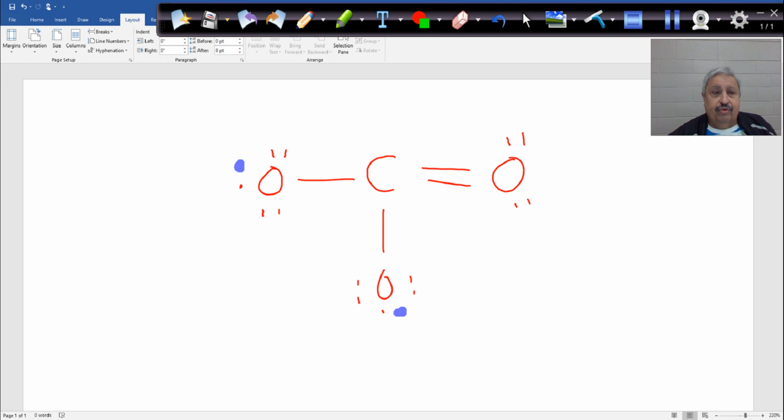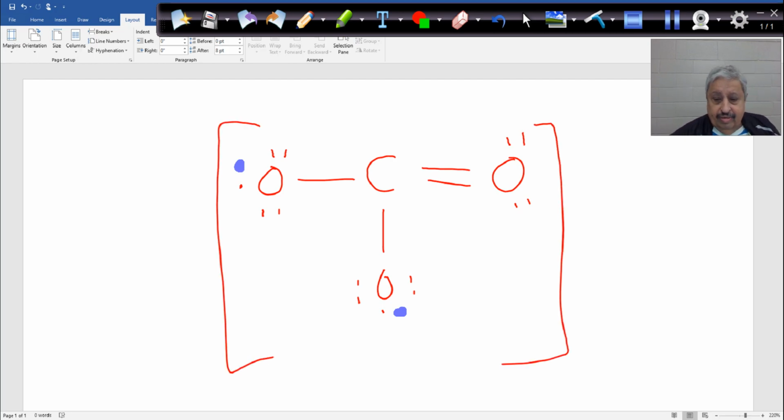So therefore, I can write this one here. You don't have to write 0, 0. This is -1, this is -1, and on top of it 2 minus. Okay, guys, 2 what? 2 minus. Is this following? So this is carbonate anion.